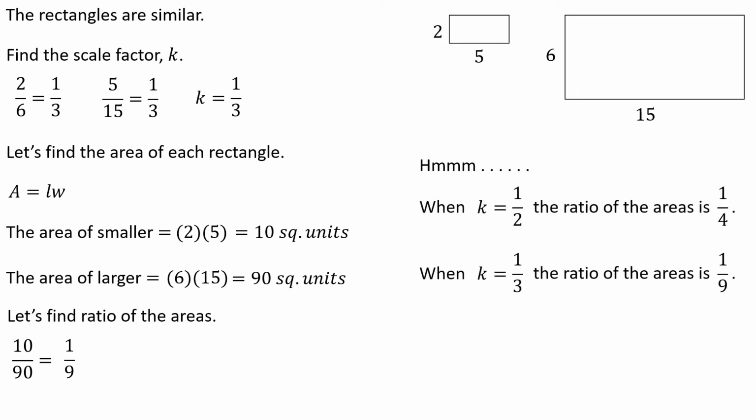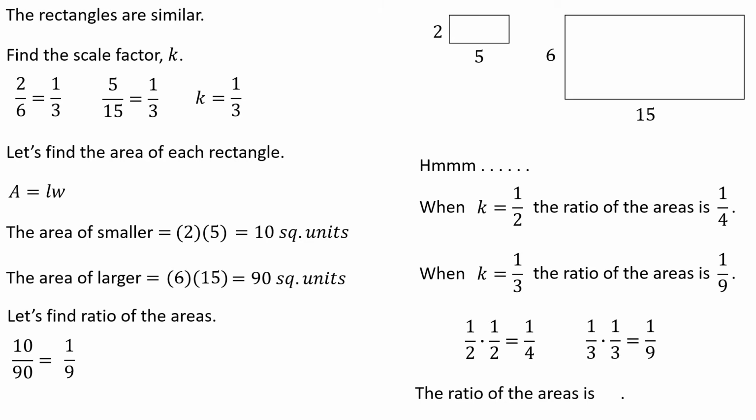So when k was 1/2, the ratio of the areas was 1/4. When k is 1/3, the ratio of the areas is 1/9. What's happening? 1/2 times 1/2 is 1/4. 1/3 times 1/3 is 1/9.